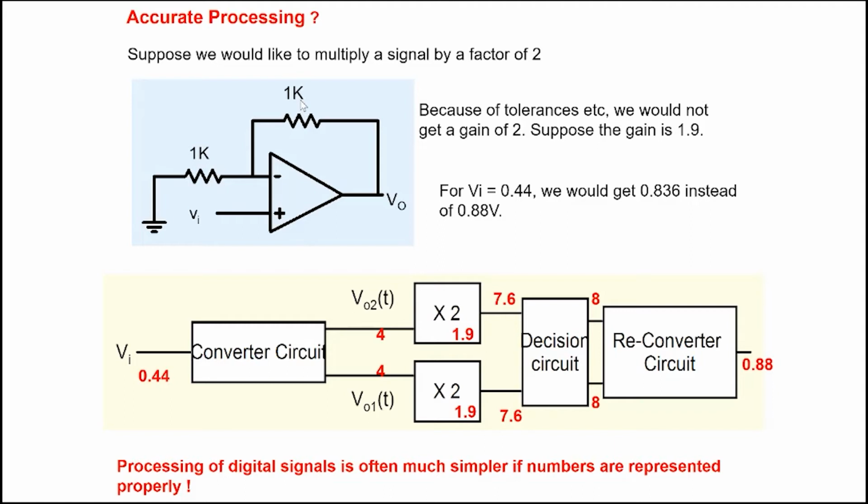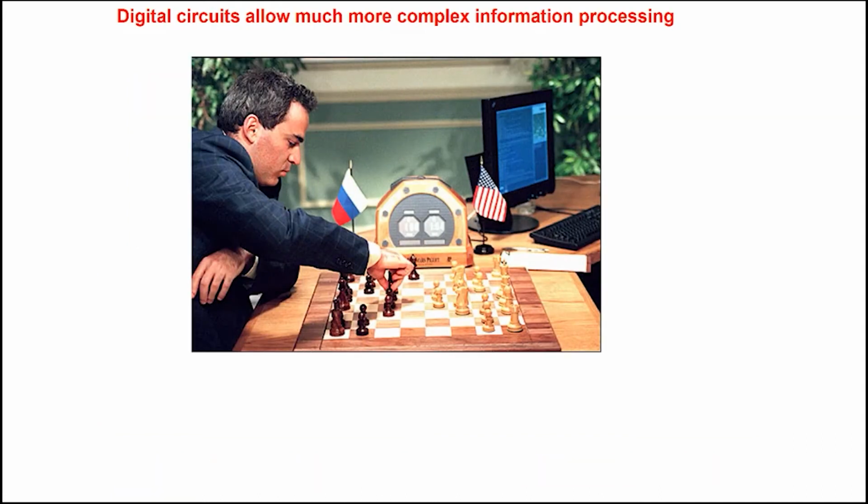So working with analog signals, doing multiplication, division, and all of those, in principle we can do it, but in practice it is not very easy. While with digital signals, once you represent them as numbers, the processing becomes very, very simple. And because it becomes so simple, the processing of numbers in digital format, you can do very complex information processing.